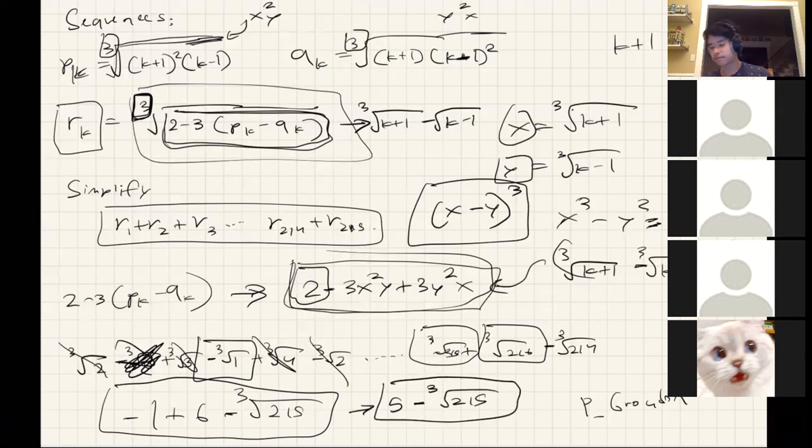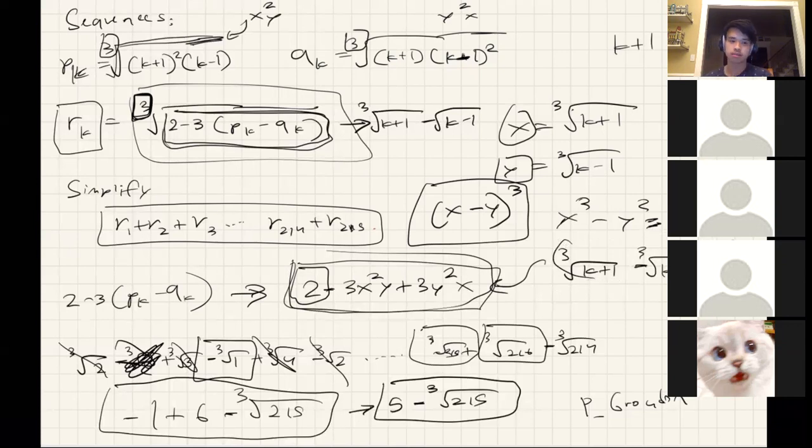So once again, pretty brutal problem, but the rundown of it was that we were given lots of sequences with lots of weird cube root things. So what we wanted to do was get the term inside the cube root. Our ultimate goal was to represent it as the cube of a term that we knew was going to telescope because it had one positive term and one negative term.